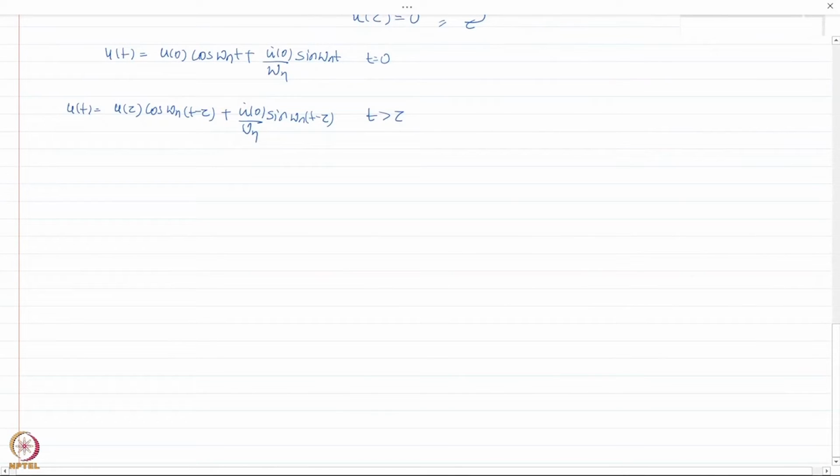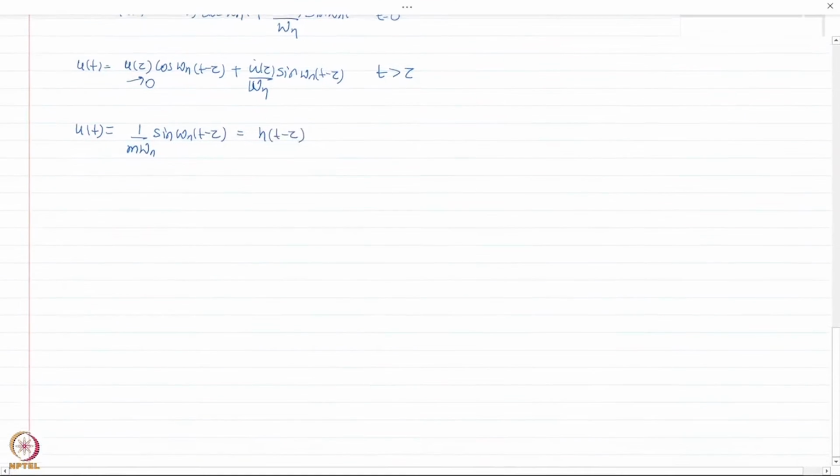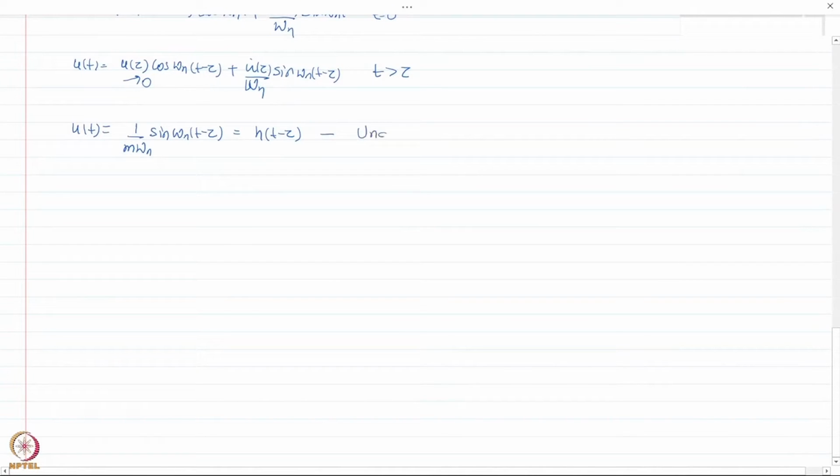We already know that u of tau is equal to 0, so we are only left with the second term. One correction, this should be u dot of tau. Substituting u dot of tau, which is 1 by m, we get 1 over m omega n times sine omega n (t minus tau). This function can also be written as h of (t minus tau). This is for the undamped system.